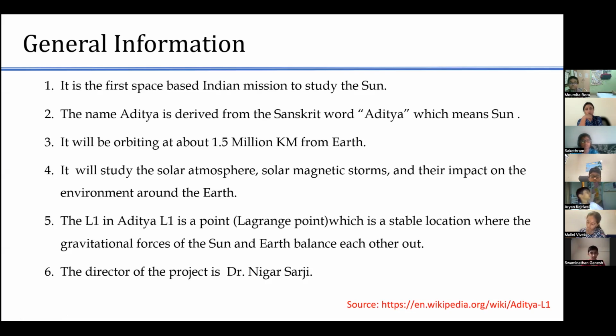It will only study the sun at the L1 point. It will study the solar atmosphere, solar magnetic storms, and their impact on the environment around the Earth. It will only study the solar atmosphere, solar magnetic storms, and other such mysteries which are not solved.